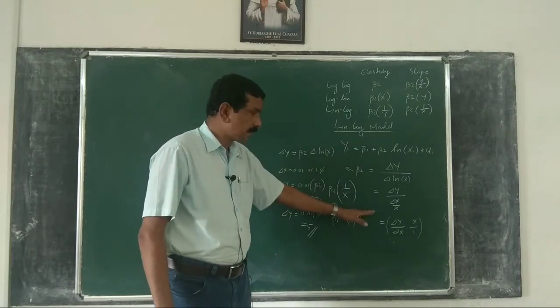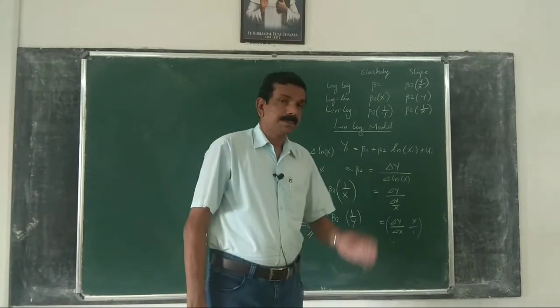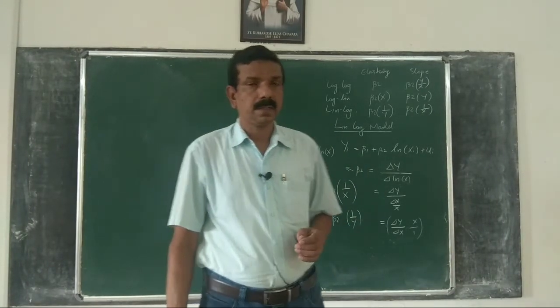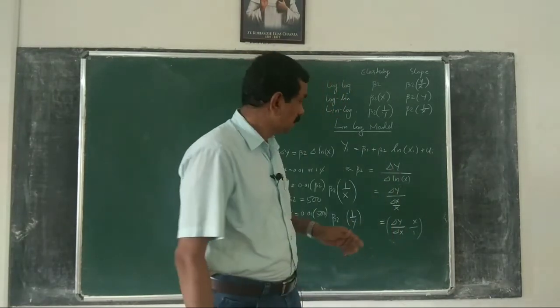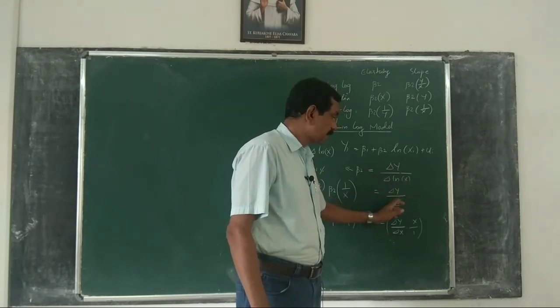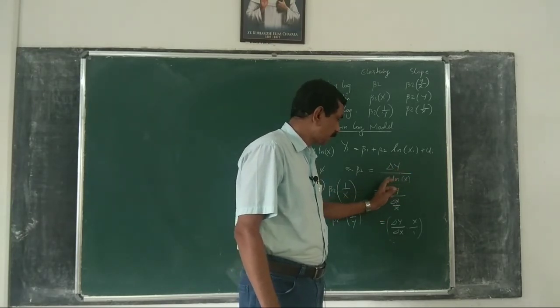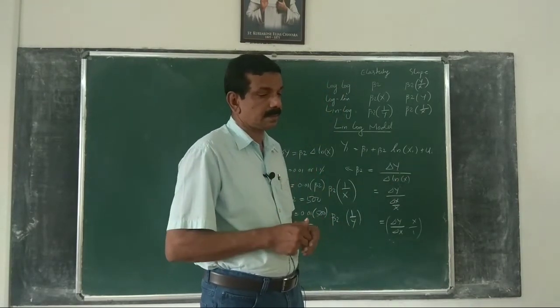This is important to be remembered. And this model gives absolute change in y for a given proportionate change in x. Beta 2 is absolute change in y divided by proportionate change in x, or percentage change in x.